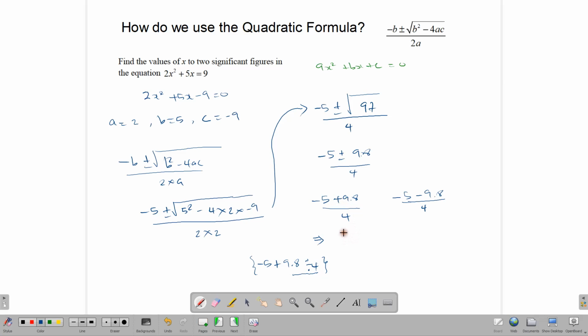At the top, we're going to get -5 plus 9.8, which is positive 4.8. And then we divide that by 4. And in this expression over here, we have -5 minus 9.8, which is -14.8, divided by 4.